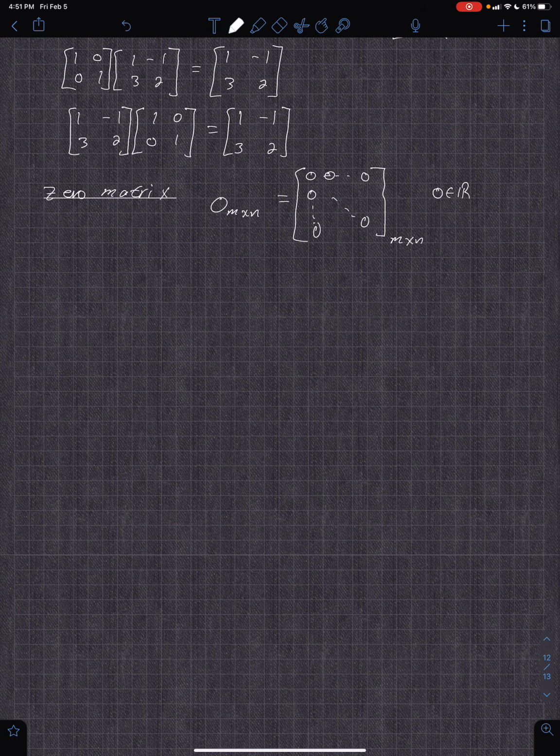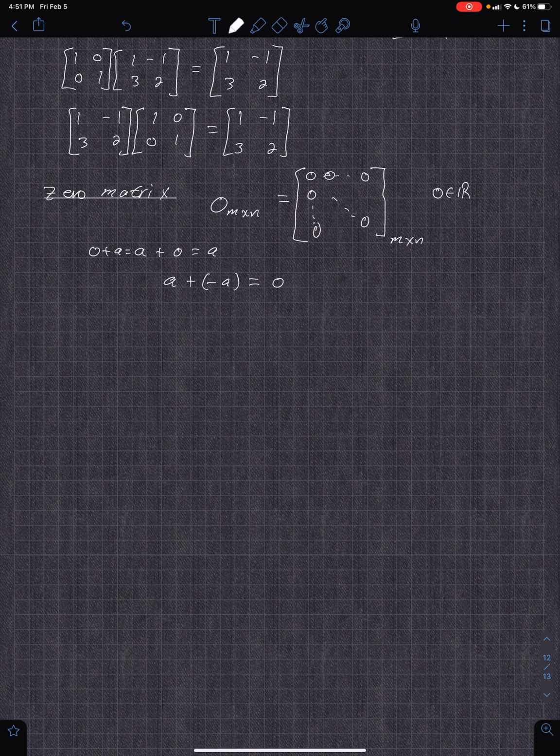It's like the zero in the reals. So that's the identity for addition. Basically A plus 0 is A. And also, there are times when you can add matrices and get the additive identity.